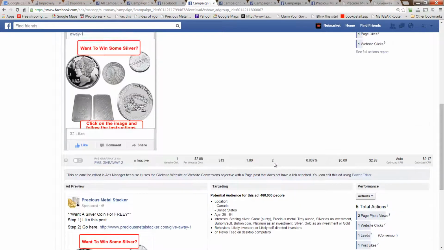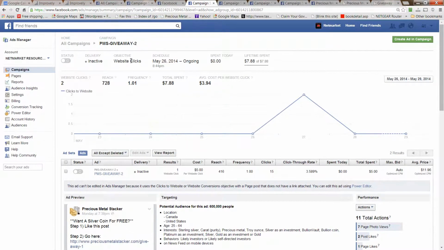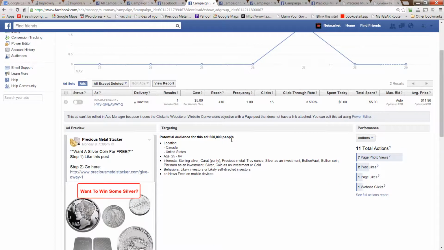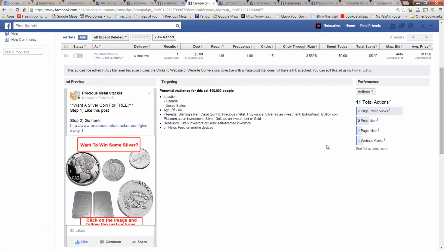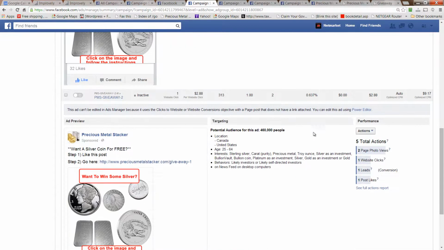The other thing is also the bidding strategy that we used. If you notice here, for the first bidding strategy we did website clicks and optimized CPM, with a low budget for website clicks with these targets.